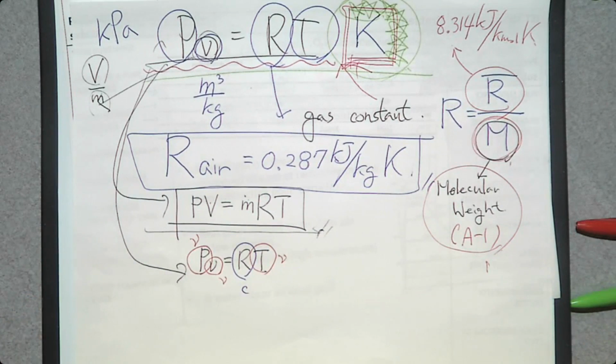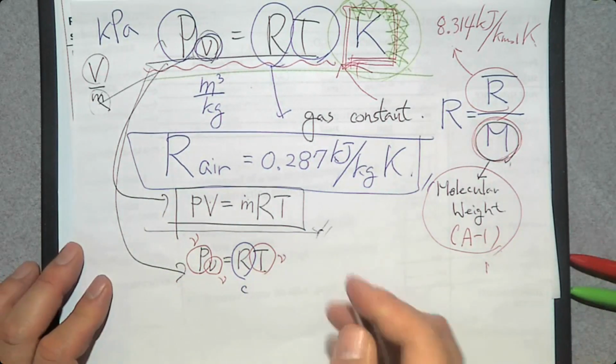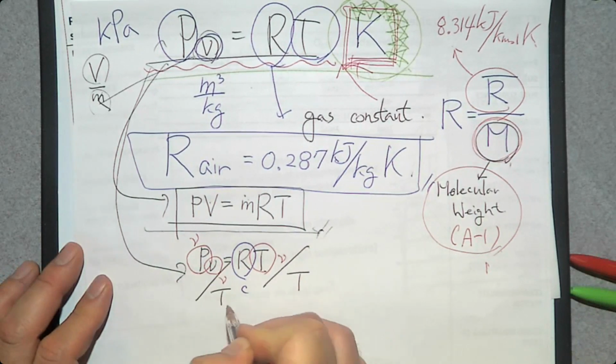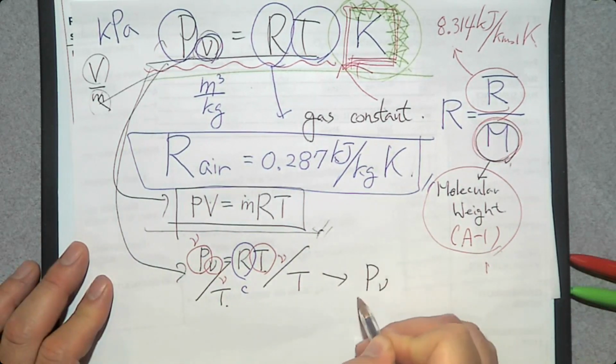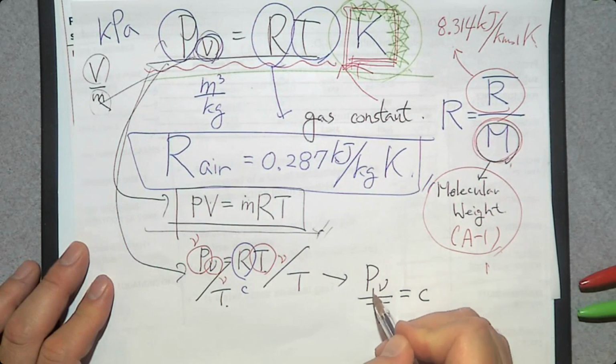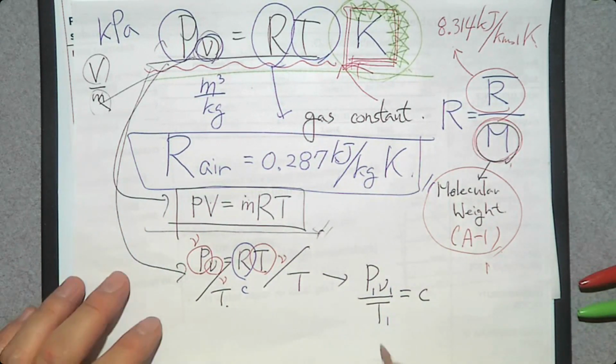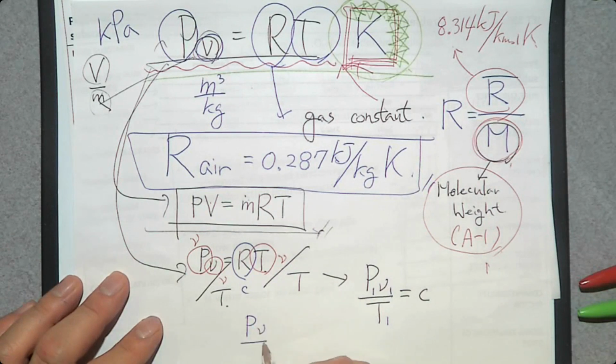Now we have a variable, variable, variable, and constant. Why don't we move this variable to the left-hand side? By dividing by temperature. Then we get Pv over T is constant. What does it mean? P1 v1 over T1, if you have an air system, regardless of what pressure, volume, and temperature they are, if you calculate Pv over T, it should be always the same.